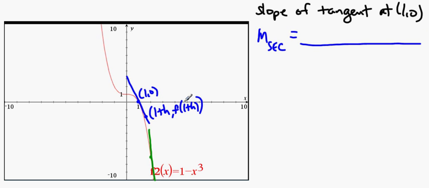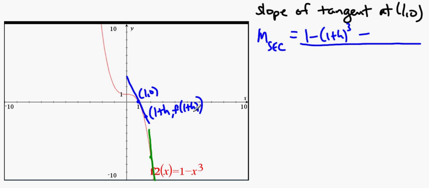Well, the change in y is f of 1 plus h minus 0. So f of 1 plus h is what I get when I substitute 1 plus h in there. That's 1 minus the quantity 1 plus h cubed.